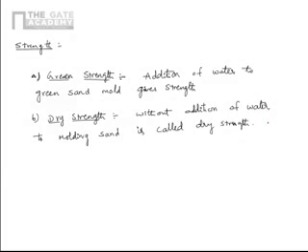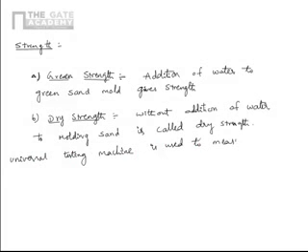Here again you can measure the strength like tensile strength, compressive strength, shear strength. All these strengths are measured with a universal testing machine. Universal testing machine is used to measure strength, whether it is dry strength or green strength, whatever it is.